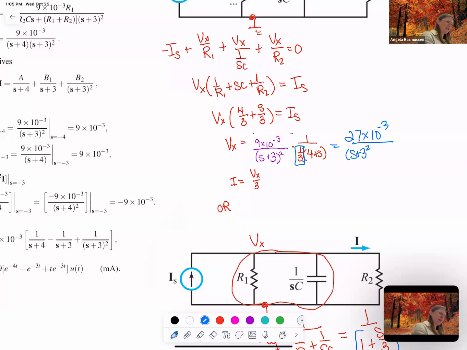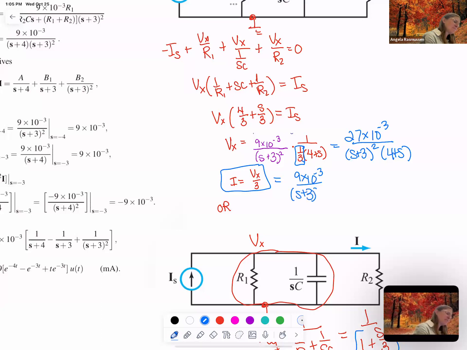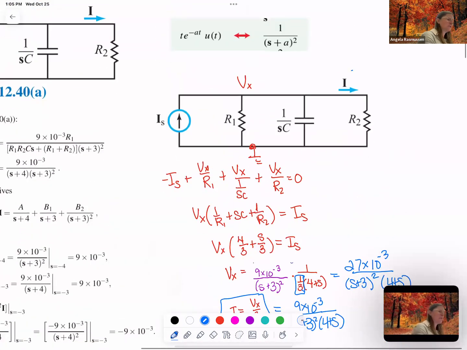Oh, yeah, I can write. 4 plus s. And then I itself, that's only Vx, so then I is Vx over 3. So it goes back to 9. And it's the same equation. Here's I. Vx minus 0 over 3.